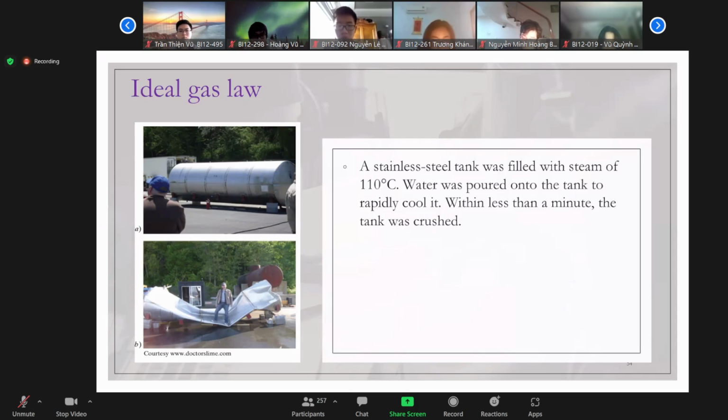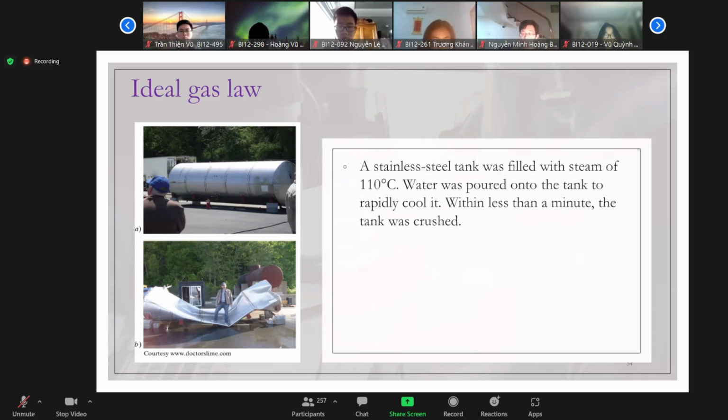Before we have a very high temperature, after that we have a very low temperature. Then what will happen? When we lower the temperature, actually we lower the pressure, right? PV equal nRT.